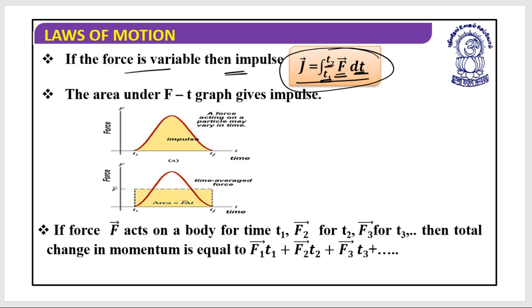Another approach: let's say the area under the F versus t graph is given, and you need to calculate impulse from here to here. So one approach is to calculate the area under the curve, and if this is not the case, just integrate it and get it done. Yes, these are the different approaches from which questions have been asked.